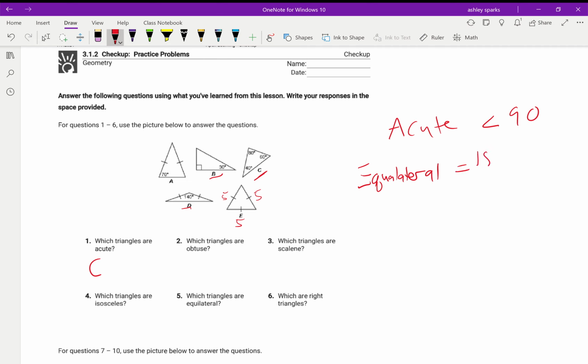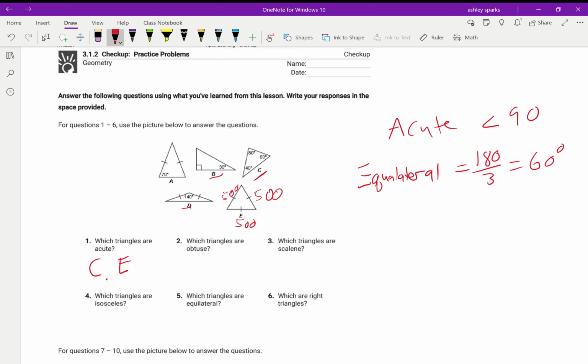We would do 180 degrees divided by 3. So any equilateral triangle, no matter the size of the sides, has angles that are 60. 60 is less than 90 degrees. Thus, every equilateral triangle will also be an acute triangle. Okay? So these could have been sides of 500 instead of 5. They still have angles that are 60 degrees.